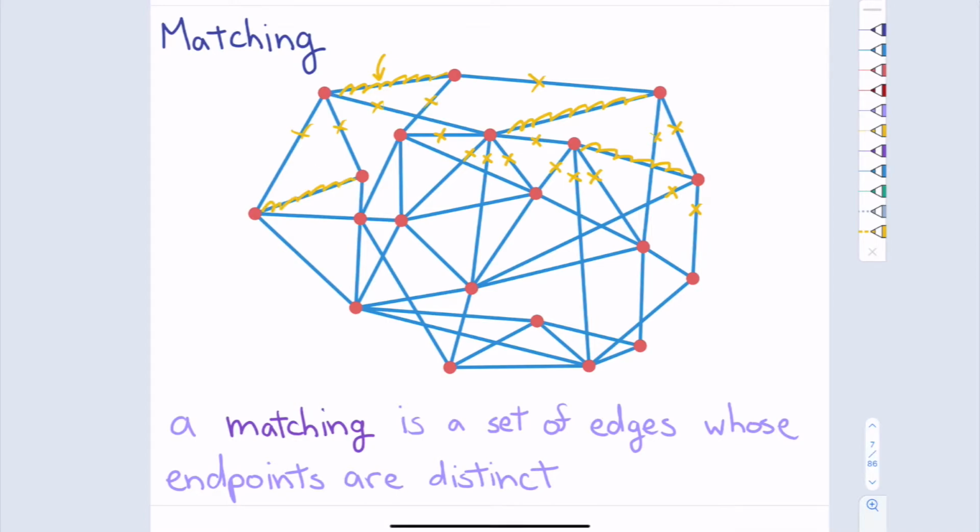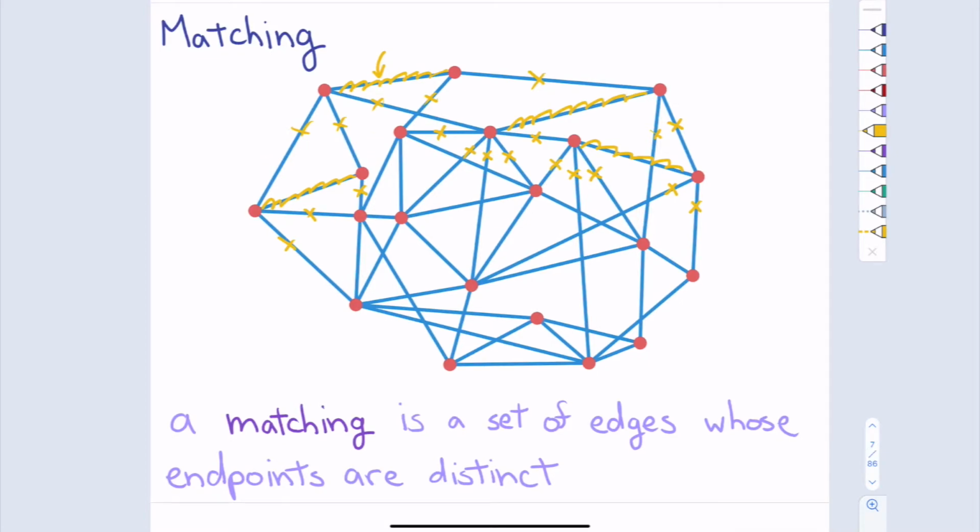All right, so that eliminates some more edges. All right, how about that edge? Okay, we'll take that. That eliminates some more edges.